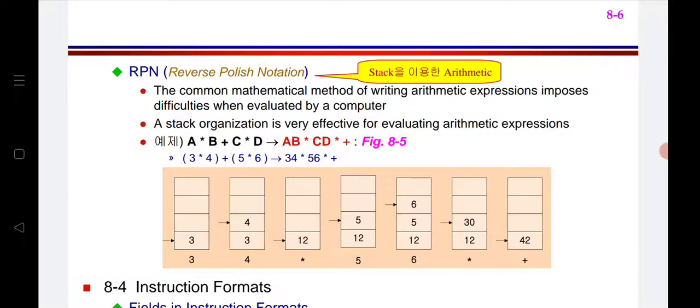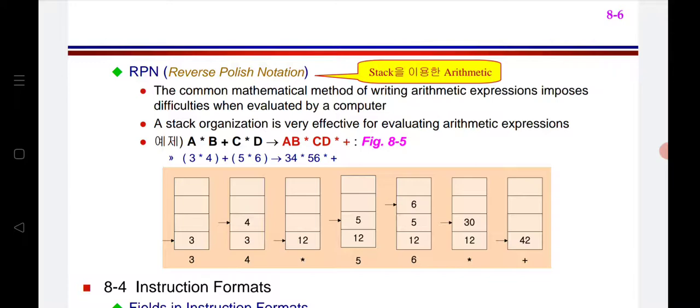Now, a into b plus c into d, I am going to represent using postfix notation. What is my first term here? A into b. The data I have here is a and b, so first I give my data a and b. Later, the operation I need to do is multiplication, so I write the multiplication after that: a, b, multiplication.